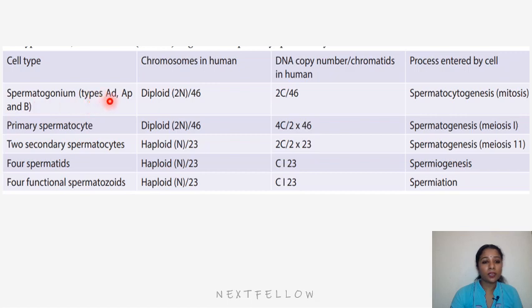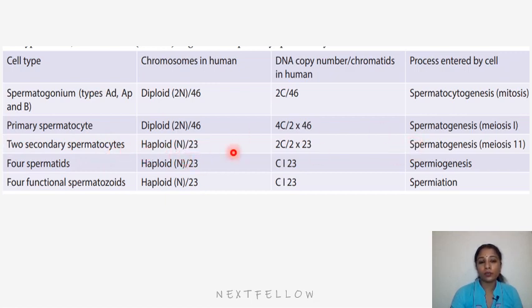Spermatogonia type A and B contain diploid number of chromosomes, and in spermatocytogenesis we see mitosis. Primary spermatocyte still contains diploid number of chromosomes and it enters meiosis 1, which results in the formation of 2 secondary spermatocytes that contain haploid number of chromosomes.